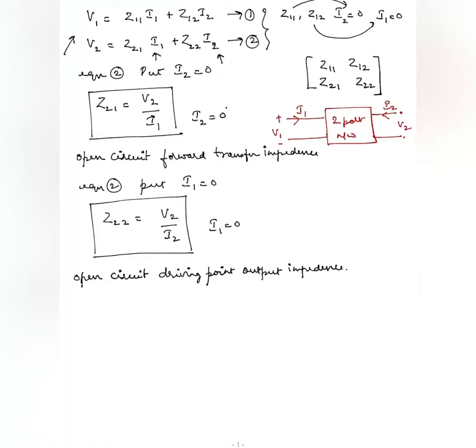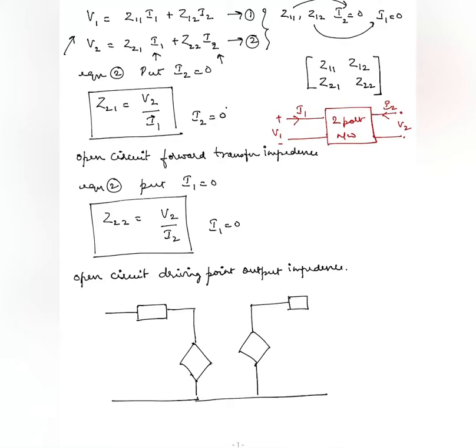V1 and V2. Now I'll write down the circuit and let me explain it then. So you will have an impedance, and as I've told, you will have dependent sources and not the independent sources. So you'll have a dependent source here as well as a dependent source here, right?